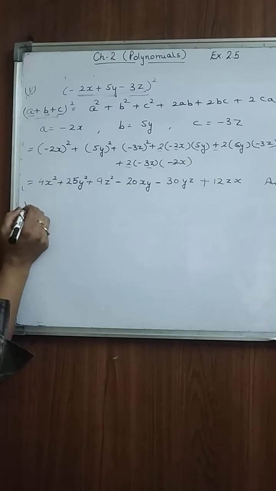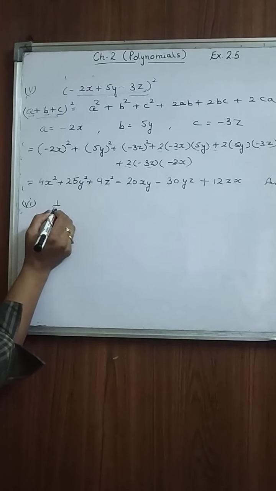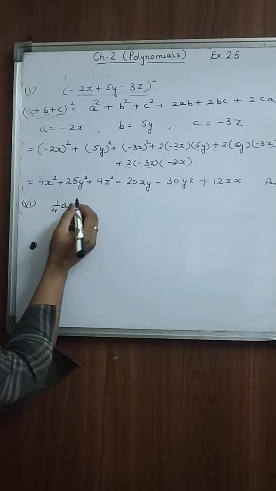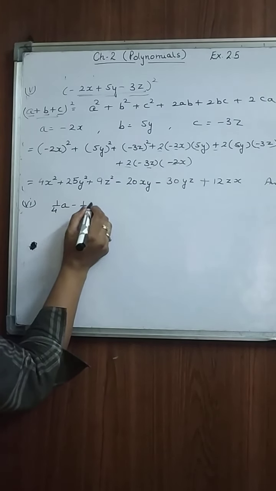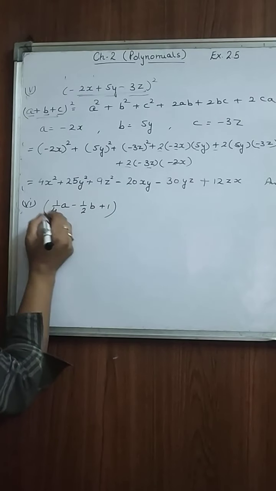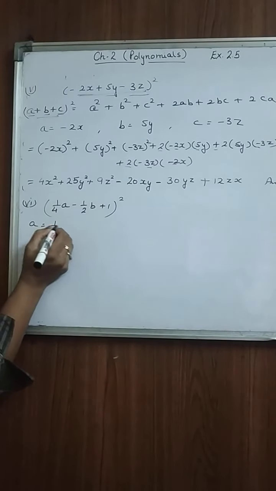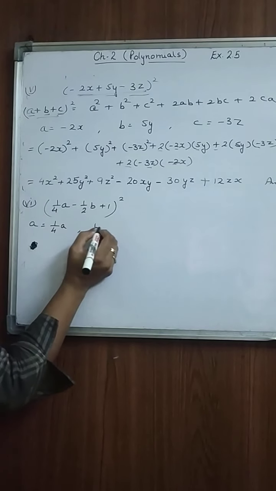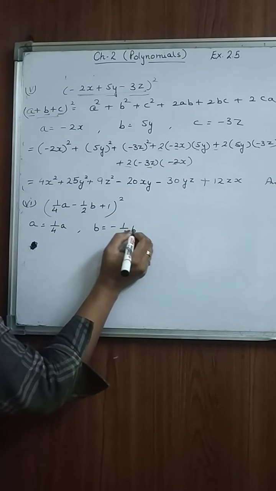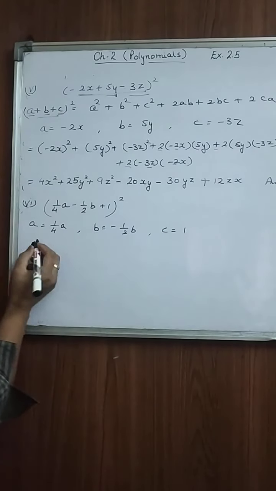I am taking the sixth part also, so that it will be clear to you completely. (1/4a - 1/2b + 1) whole square. It means your a is 1/4a, b is -1/2b and c is 1.